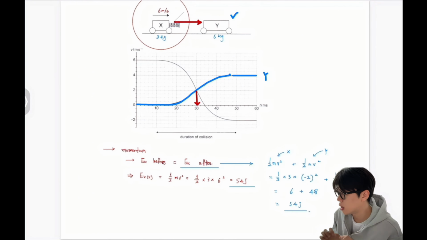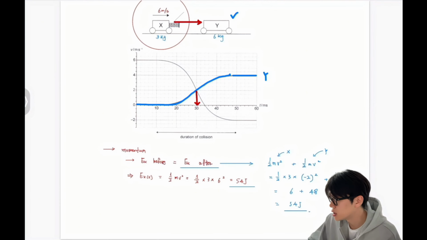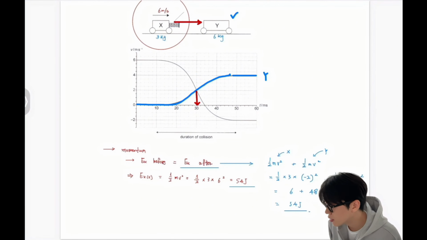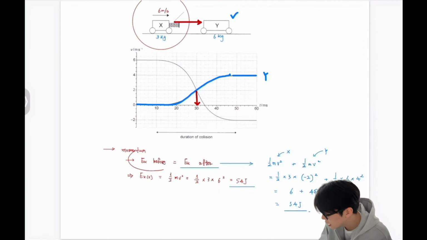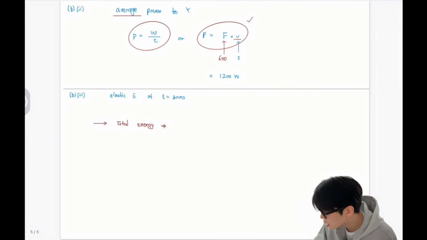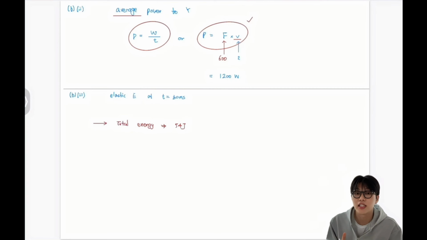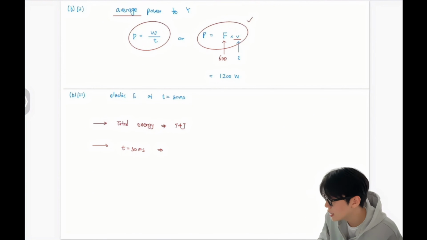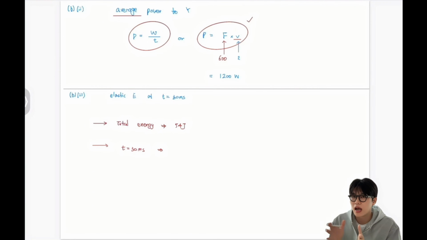If you think about energy conservation, the energy has to be conserved from the initial situation. So the initial energy, which is the total energy from the start, is half mv squared, exactly the same as the kinetic energy before, which was 54 joules, right? So the total energy in this situation is 54 joules, and this has to be conserved in any situation, right? So if you think about the situation at T equals 30 milliseconds, I'll say the spring is half loaded and half unloaded, right?